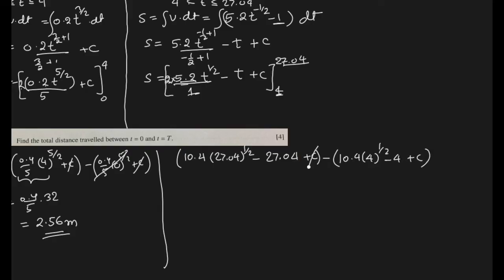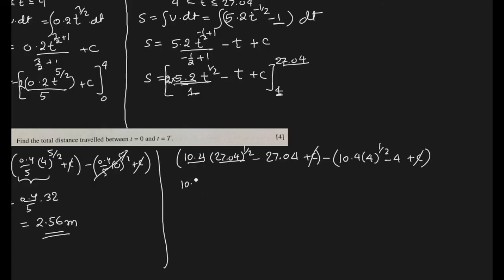First thing first, cancel out c. Many people don't write c, but I have a habit of writing it so that we understand why we do not write c, because it gets cancelled out. Okay, so 10.4 and square root of 27.04 we already knew earlier, 5.2, yeah.